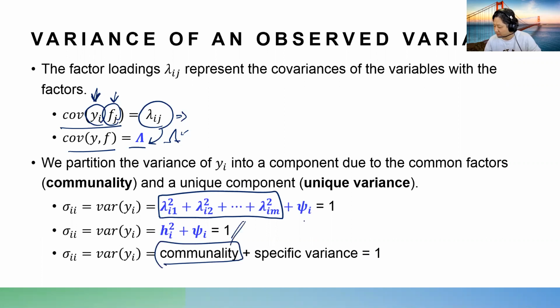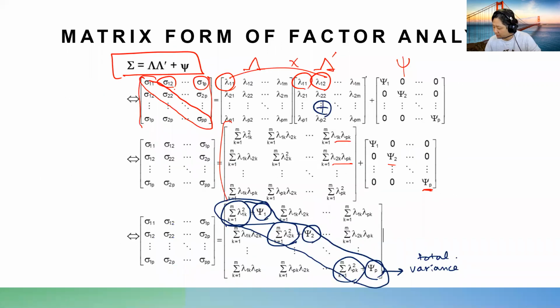And then the specific variance, psi, is the error variance. If you sum them, that is 1. So the sum of squared loadings is the communality, and psi is the residual, and together they equal 1.